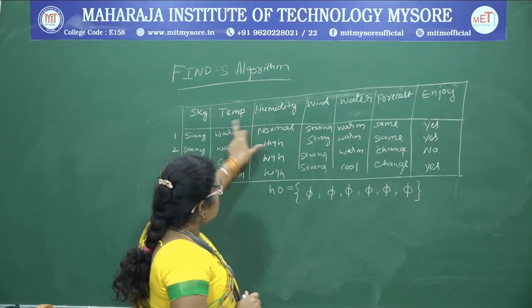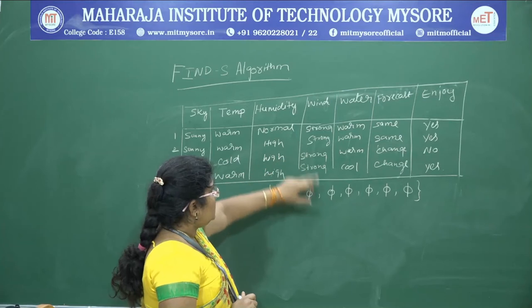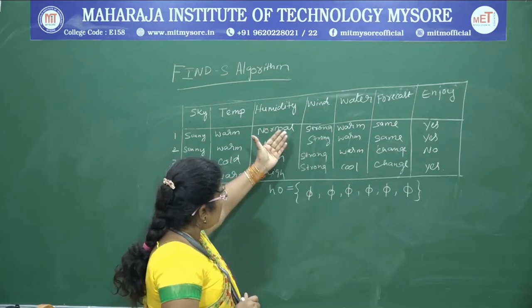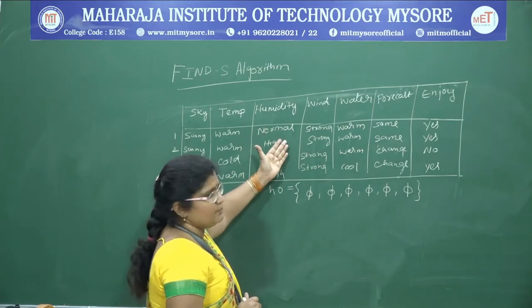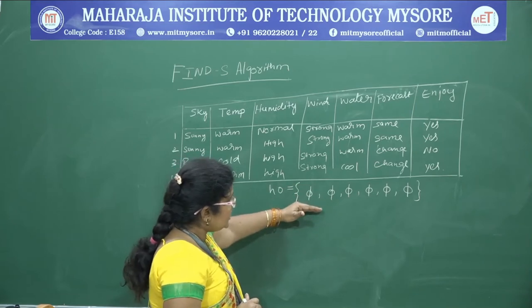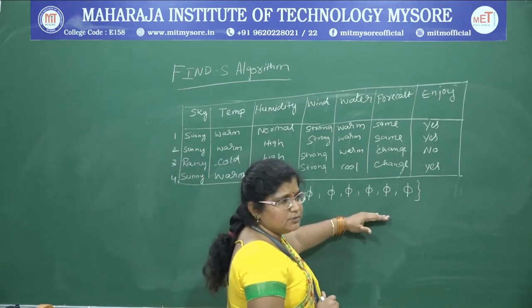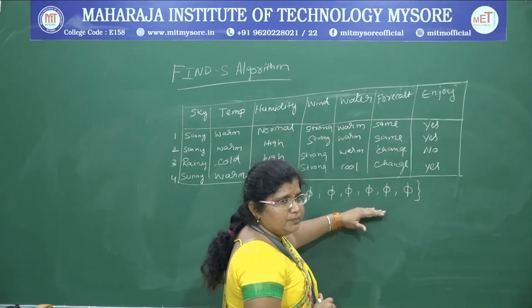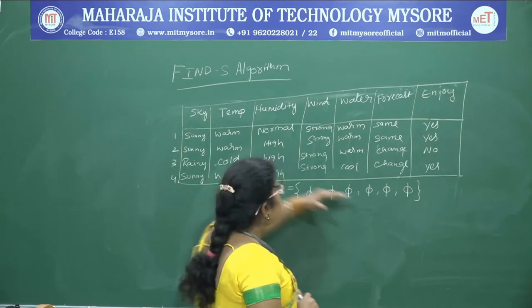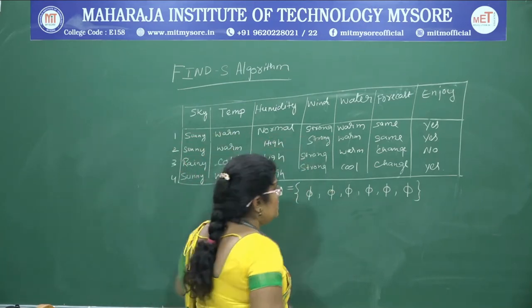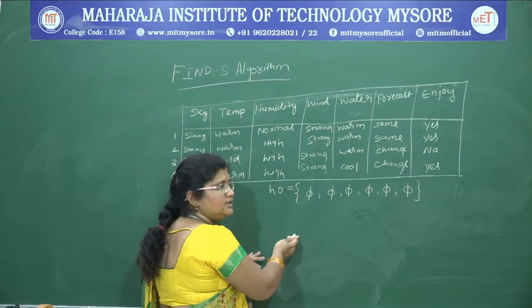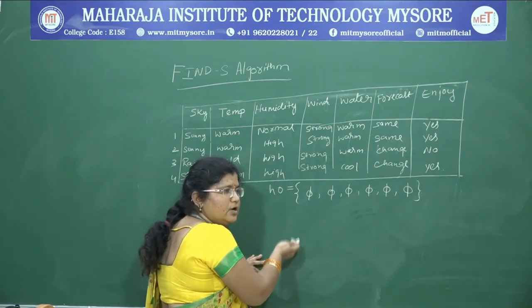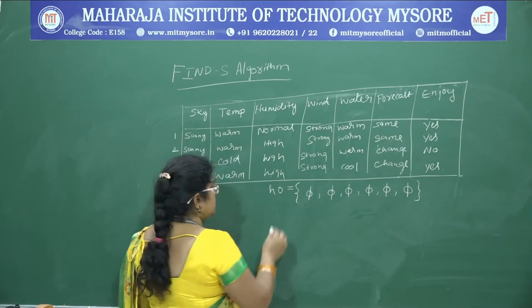Now, there is no comparison, so we have to change the specific hypothesis; it is going to be replaced with the first row value.